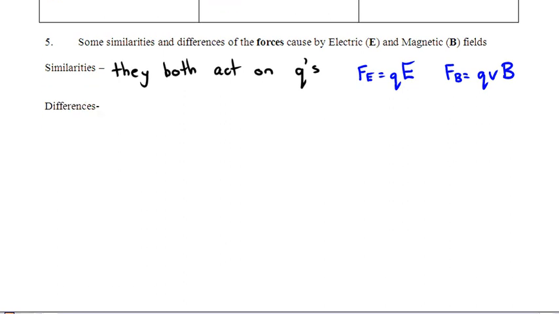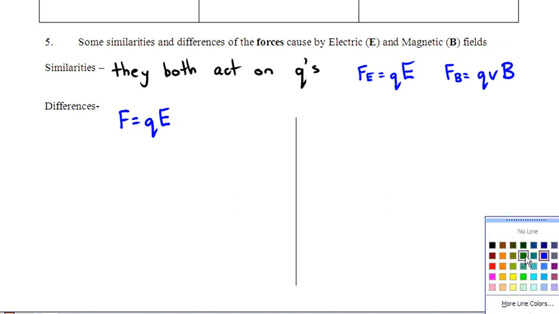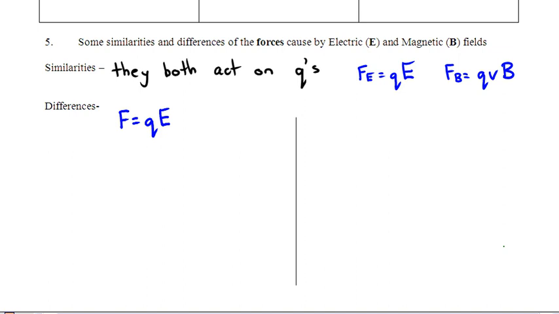Well, I'm just going to split my page here for a little bit. Kind of talk about how they look different. If you take a look at what we did in Chapter 5, F equals QE, that force, contrasting it with magnetic force, that force does not depend on speed.